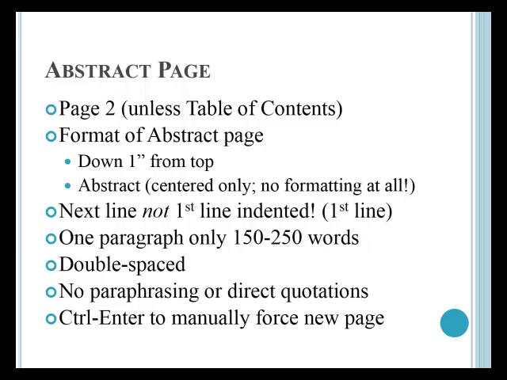And then the abstract only is not first line indented. It's flush left margin. That paragraph, 1 paragraph, that's all you get, should be about 150 to 250 words and double spaced. No paraphrasing or direct quotations, and then you would press the Control Enter key to force a new page. Let me show you how that looks.